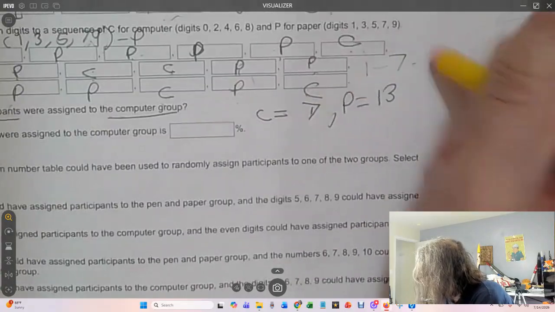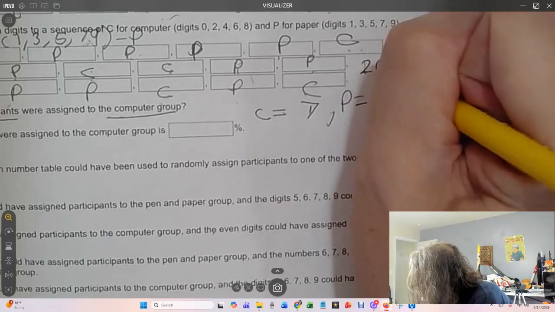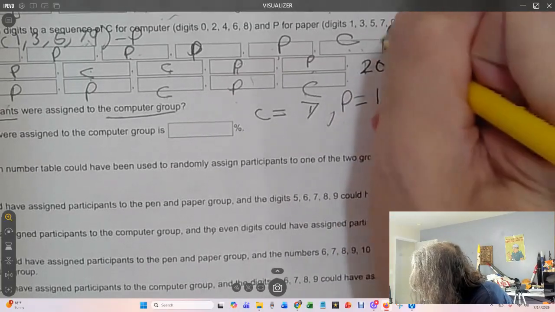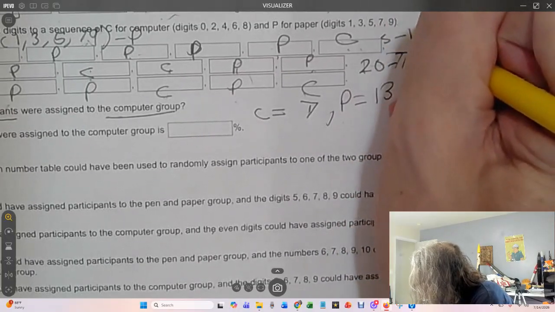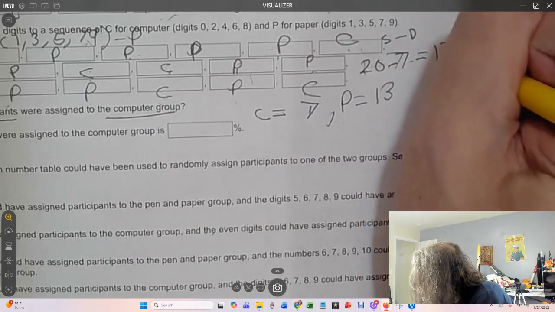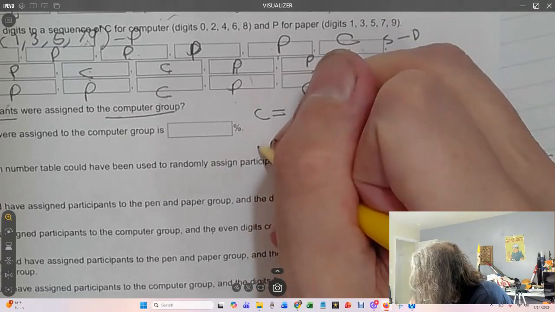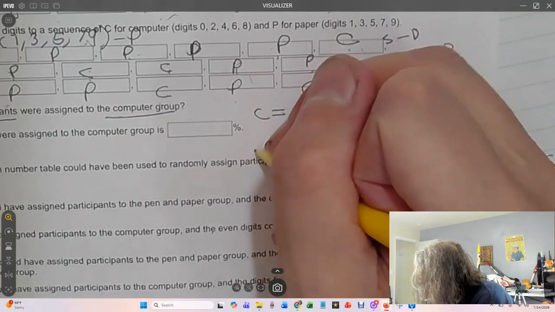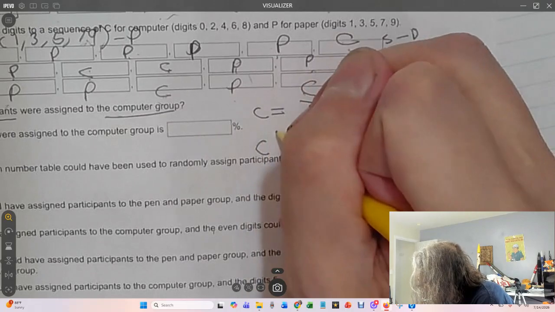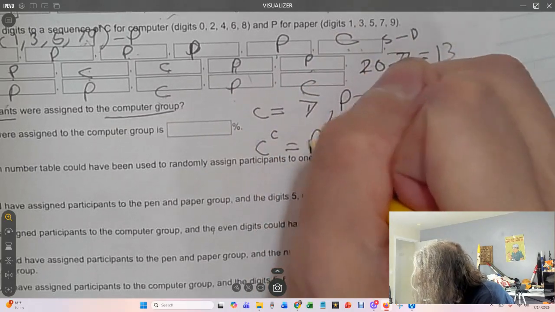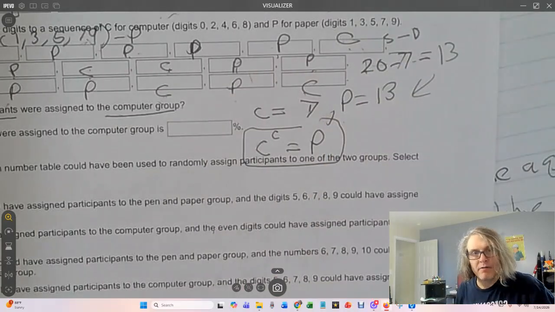Let me do it this way. 20 minus 7, that's the sample space minus the piece, or whatever we're going to call it. And see, we get 13. This is a complement, so let's see. C complement equals P. Just a little from what we were getting into before.